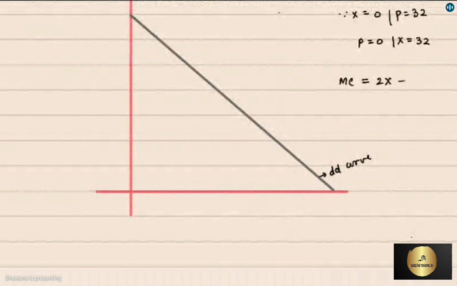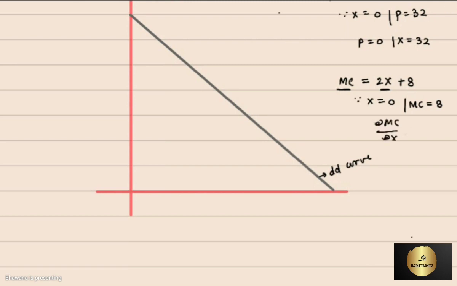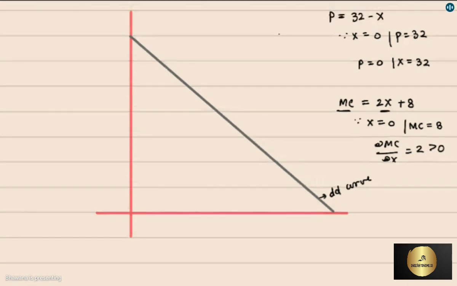So when you put x is equal to 0, marginal cost is equal to 8. Okay, and there is a positive relation between marginal cost and x, because the slope of marginal cost is 2, which is positive. So we'll get an upward sloping marginal cost curve in this particular scenario.